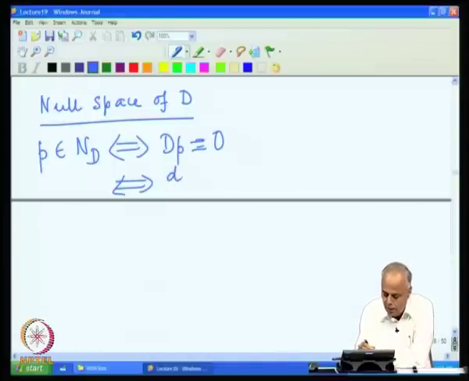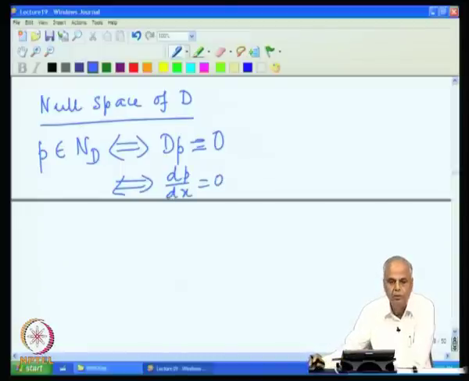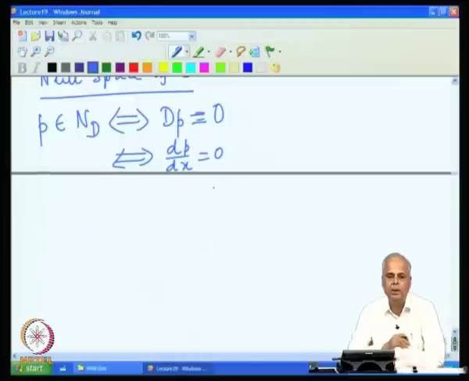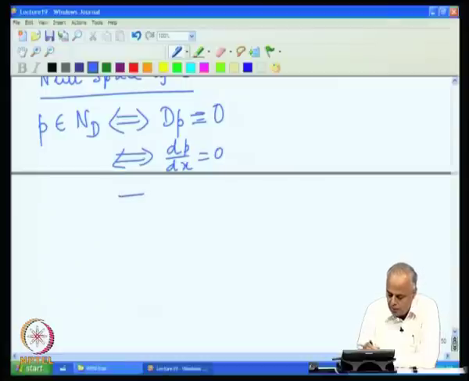Now, Dp by definition is dp by dx, that must be equal to 0. That is how the transformation D is defined. The transformation D is the differentiation transformation. So, dp by dx equal to 0, the derivative is 0 if and only if p is a constant.